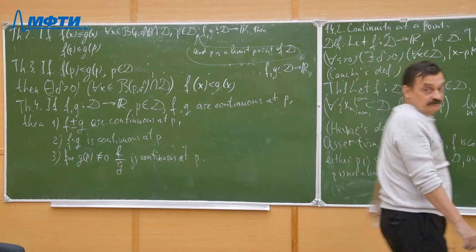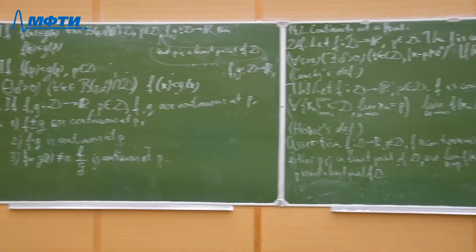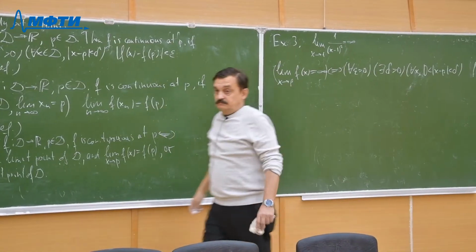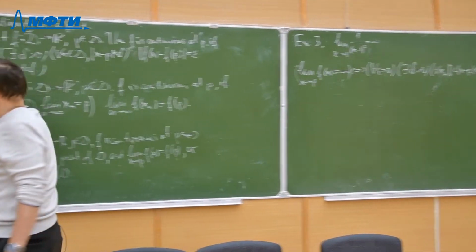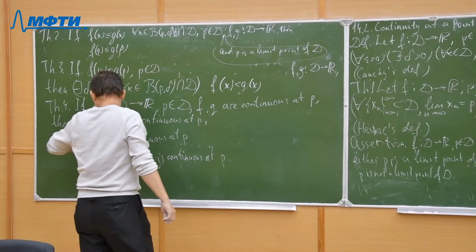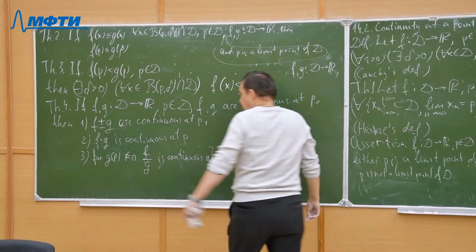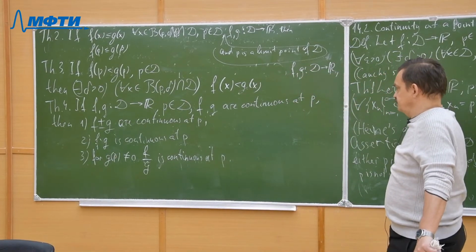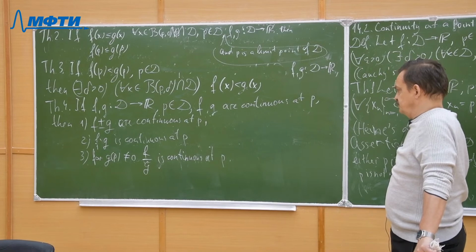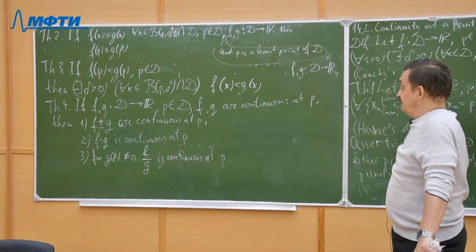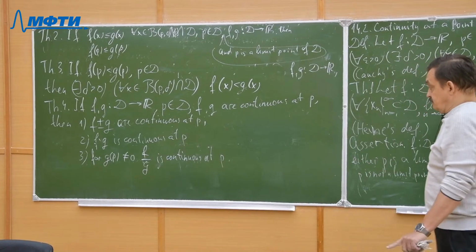So example 3 is here, if I remember correctly. So return to theorem 4. f plus minus g are continuous at P, f times g is continuous at P, and so on, right? So again, there are two cases.